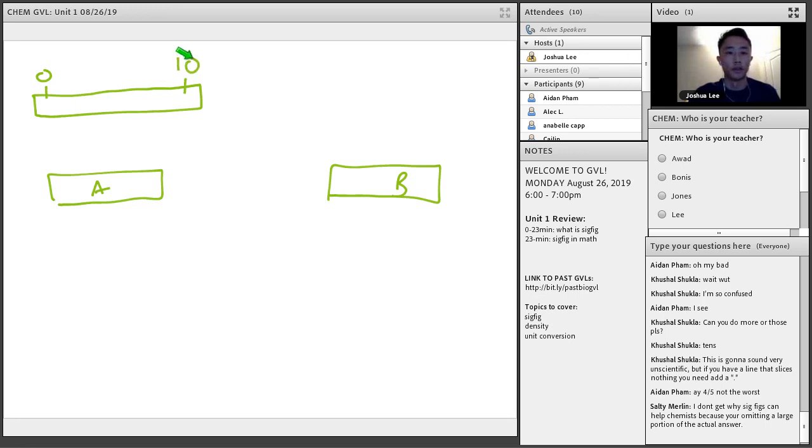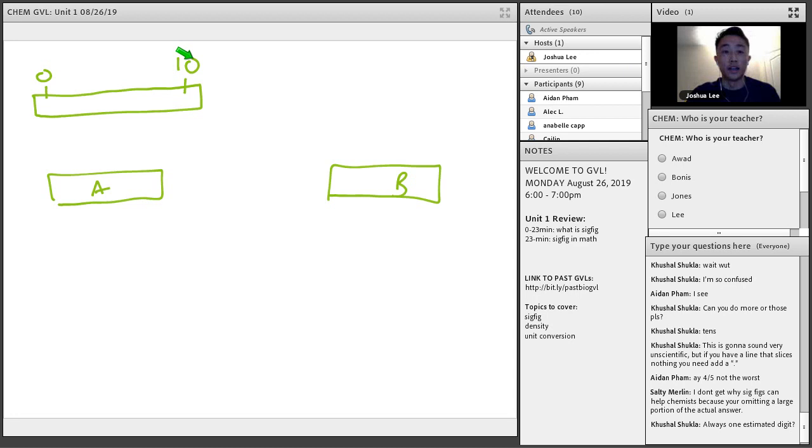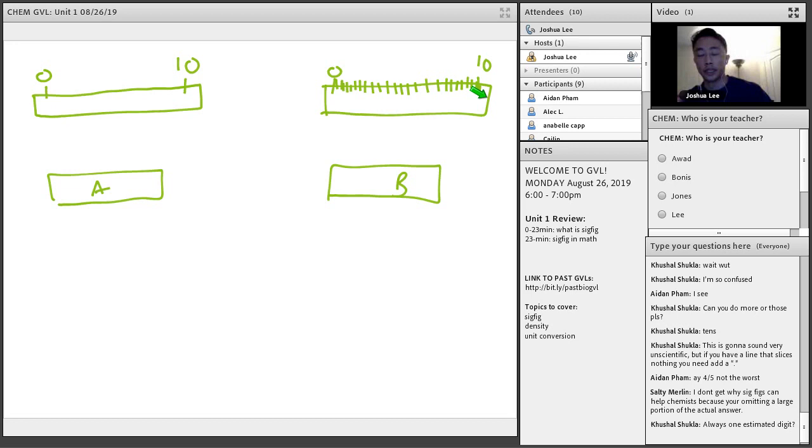I don't know if this is going to work, but we'll see what happens. Whereas the other person has a ruler that goes from 0 to 10, but with graduations all the way to the millimeter. They kind of look the same, but the blocks are different sizes.